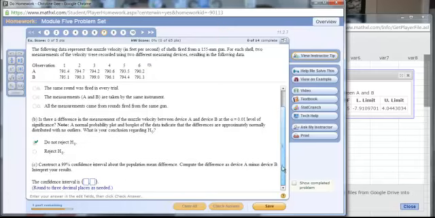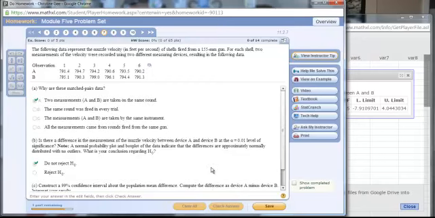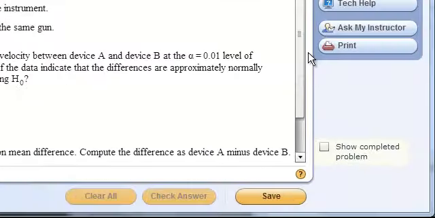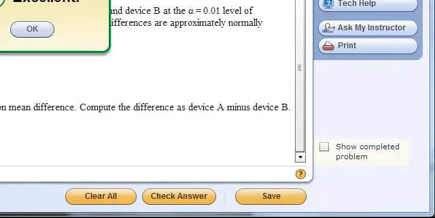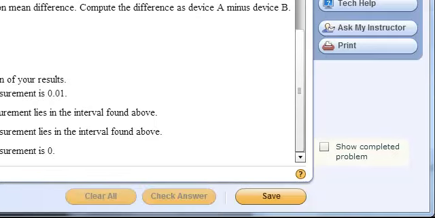It's 3 decimal places, so negative 7.911. Oh, it's not typing for me. Sorry about that. Okay, negative 7.911. That worked. And then the upper limit is 4.044. Okay, and then we continue.